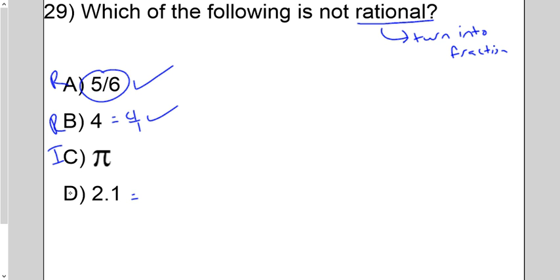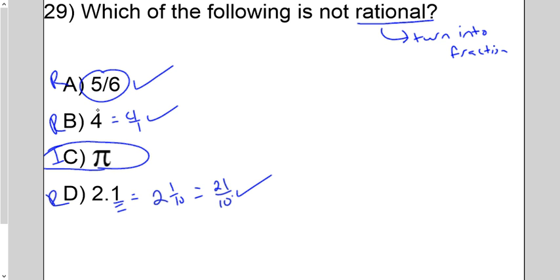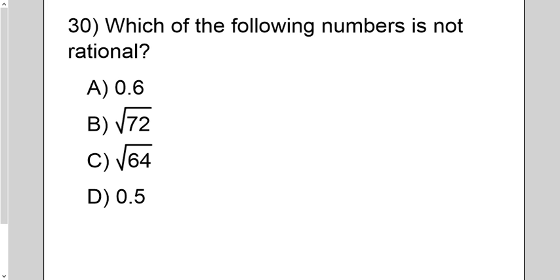But also just that way we can go through and see what 2.1 would be. This is the 10th spot, so that's the same as 2 and 1/10. And then to make it into an improper fraction, this would be 21/10. So again, we could take this decimal and make it into a fraction, and we know that pi is an irrational number.